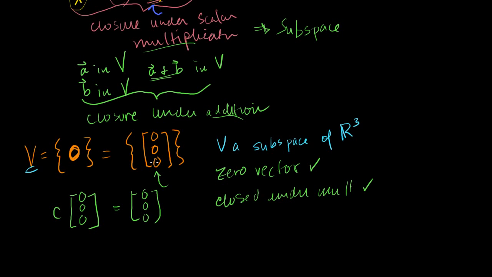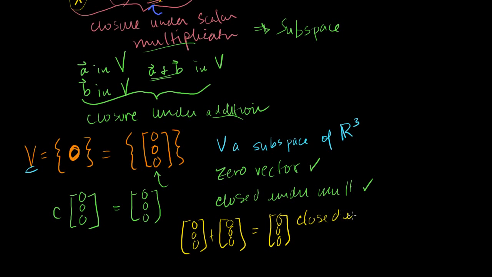That's a check. Now, is it closed under addition? Well, clearly, if I add any member of this set to itself, or to another member of the set, there's only one option here. If I just add that to that, what do I get? I just get that. I just get it again. So it definitely is closed under addition.